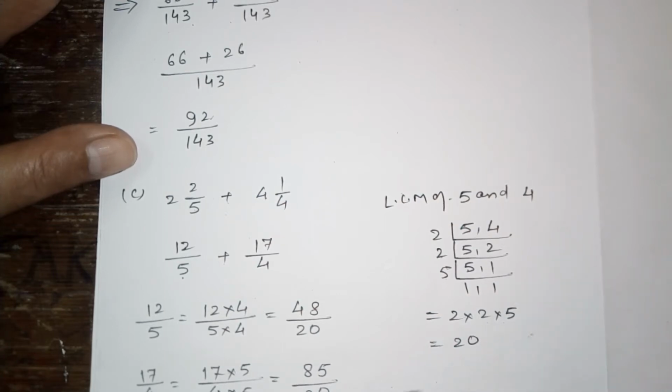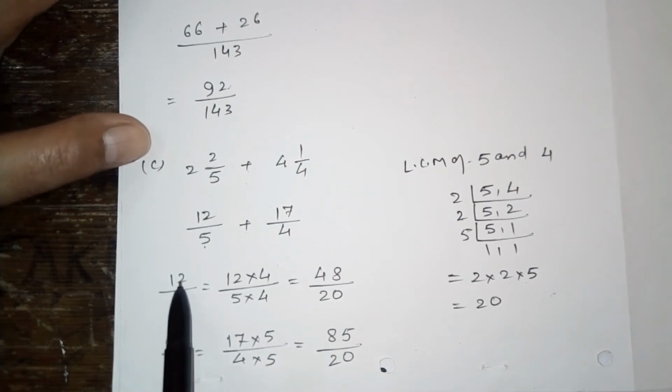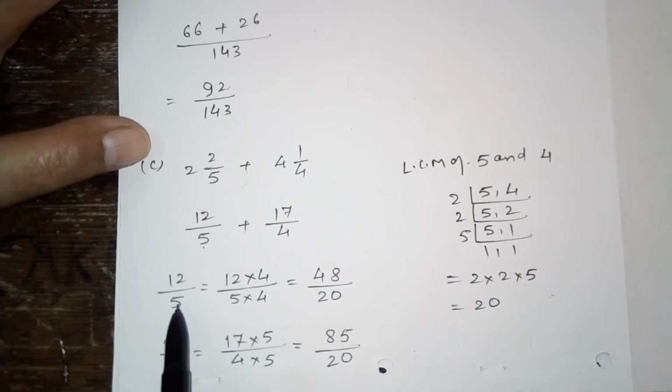Okay, again what will you do? 12 upon 5 is the fraction, and in this question 5 is converted to 20. That means 5 is converted to the LCM. What is your LCM? The LCM is 20.